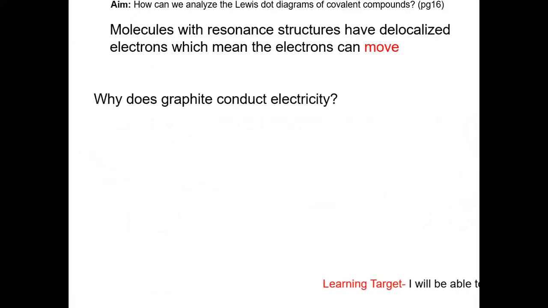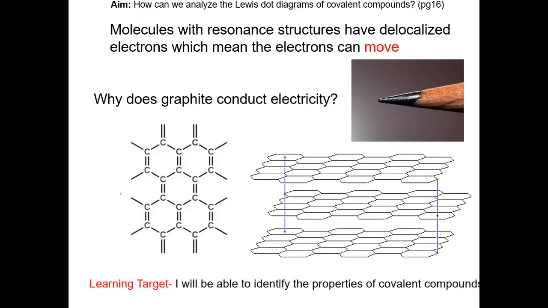Some molecules with resonance structures have delocalized electrons, which means the electrons can move. And if the electrons can move, they can conduct electricity. So graphite in your pencil can conduct electricity. I'll show this in class. If you look at graphite, it basically has resonance because of double bonds. In a sheet of graphite, there are lots of double bonds, so there are lots of possible resonance structures.